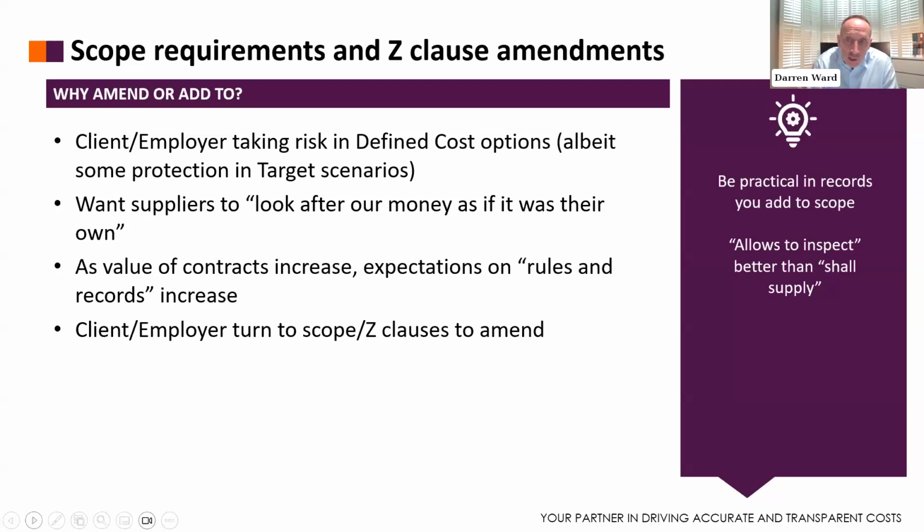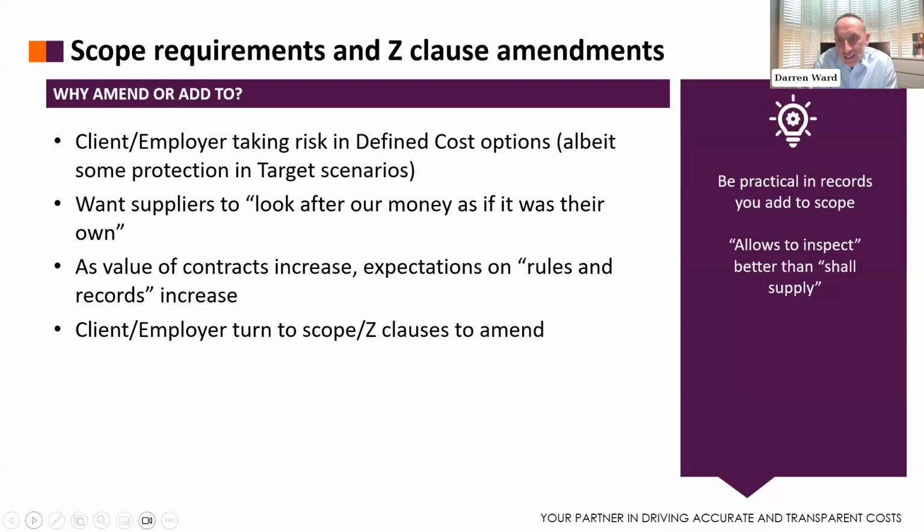So just a little tip on this one. If you're involved in the setup of a new contract, really be practical in any accounts and records that you might add to the scope or additional rules. The current wording for inspection is that it allows the project manager to inspect accounts and records.